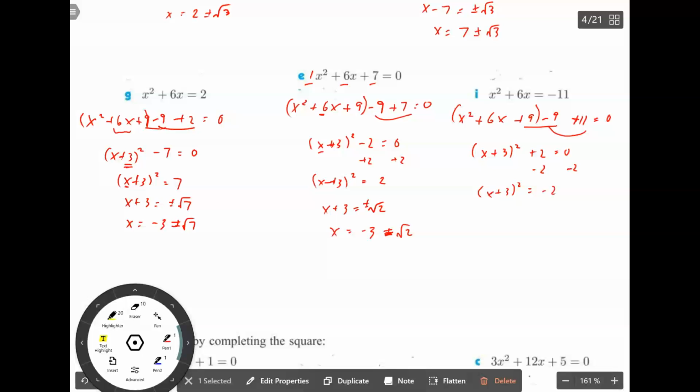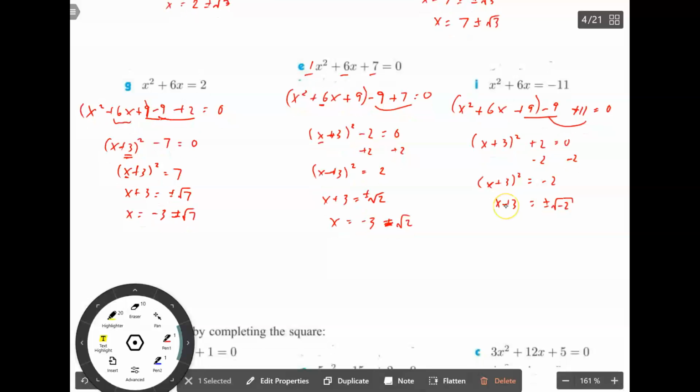And let's square root both sides. We'll get x plus 3 equals plus or minus the square root of negative 2. And now let's subtract 3 from both sides. So we get x equals negative 3 plus or minus the square root of negative 2.